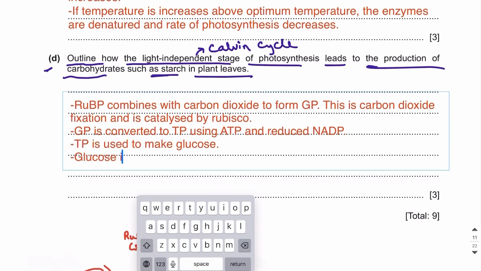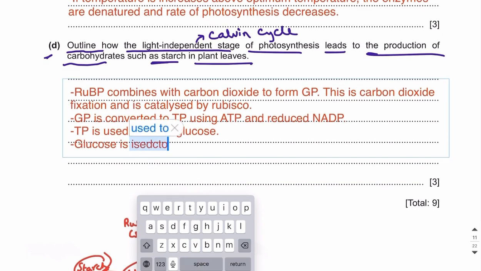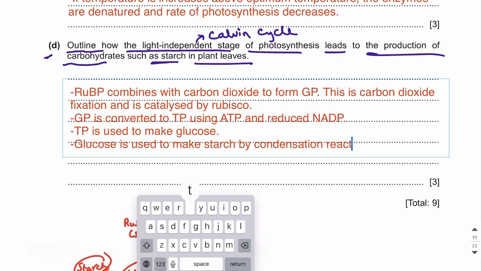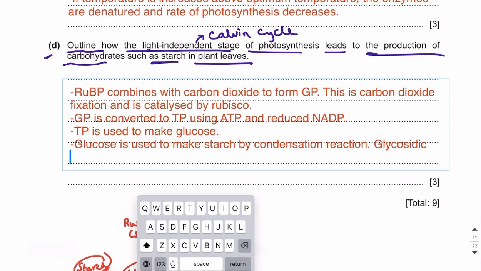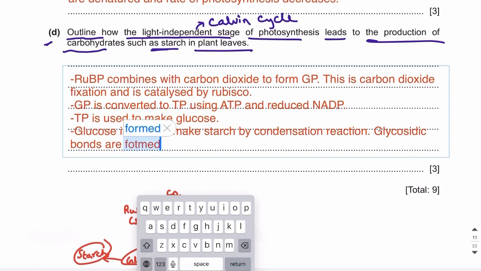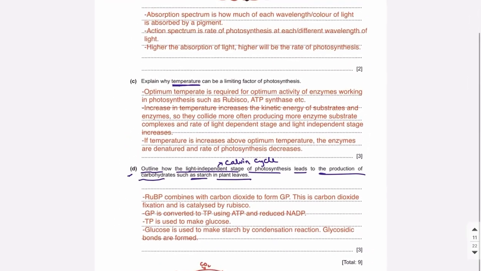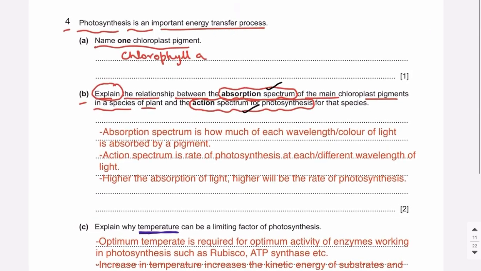Glucose is used to make starch by condensation reaction. By condensation reaction, you can also mention that glycosidic bonds are formed. So guys, that's it. We are done with this question. Now we will move on to the next question.